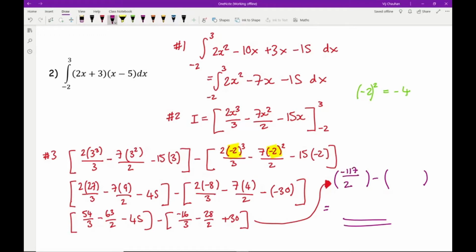And if I then enter the second bracket, so I've got minus 16 over 3 minus 28 over 2 plus 30, I get 32 over 3, and if I enter that all into my calculator, so I've got minus 117 over 2 minus 32 over 3, I get an answer of minus 415 over 6, and there is my final answer.